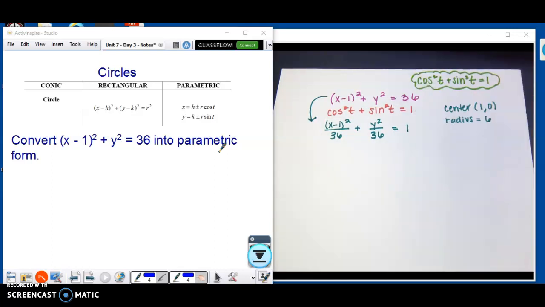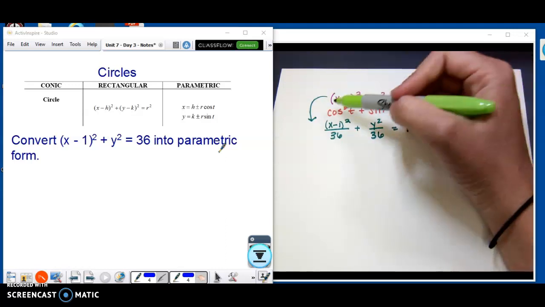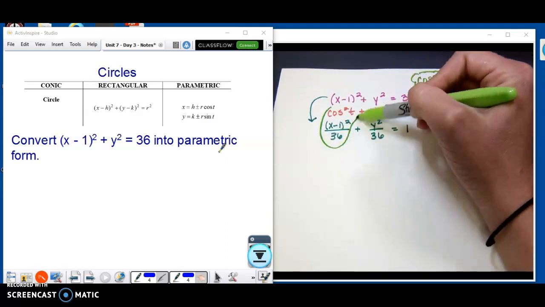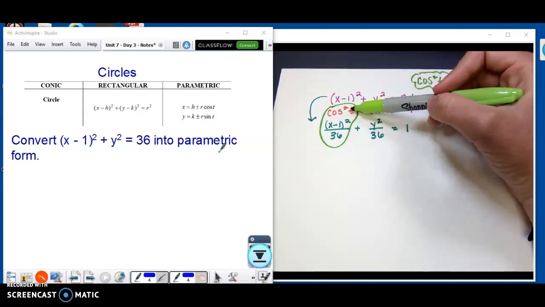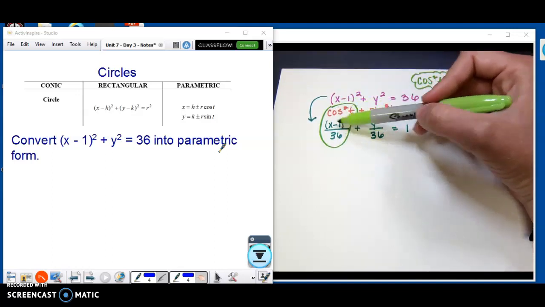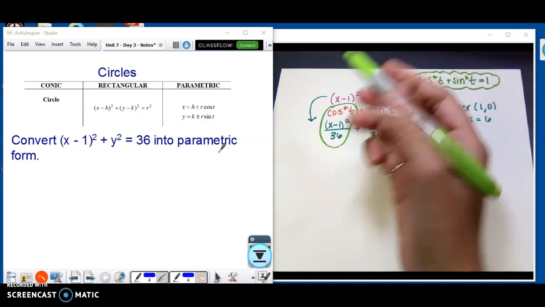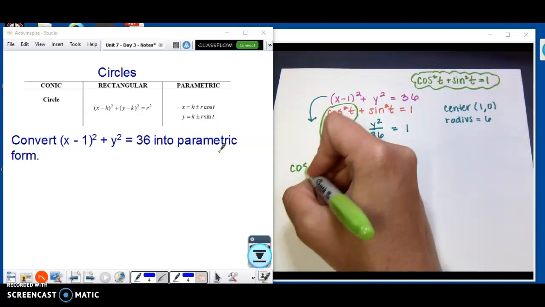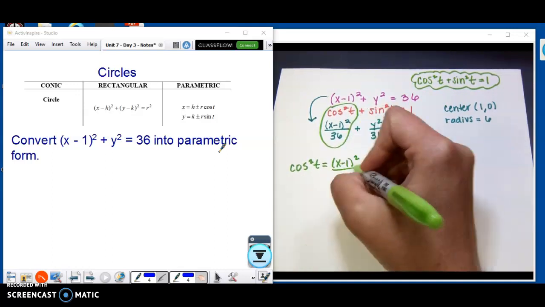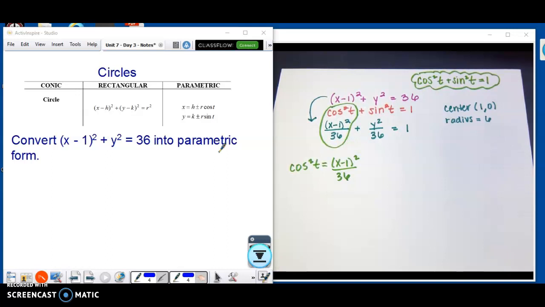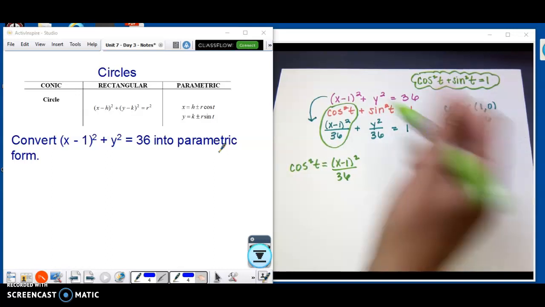Now we're going to compare these two equations. This tells us that cosine squared t would have to be equal to x minus 1 squared over 36. That has to be a true statement because these are equal to 1.